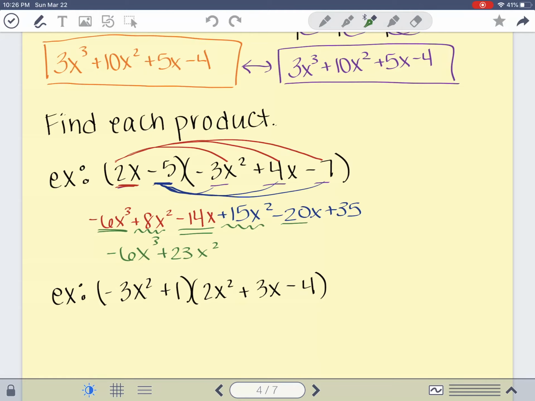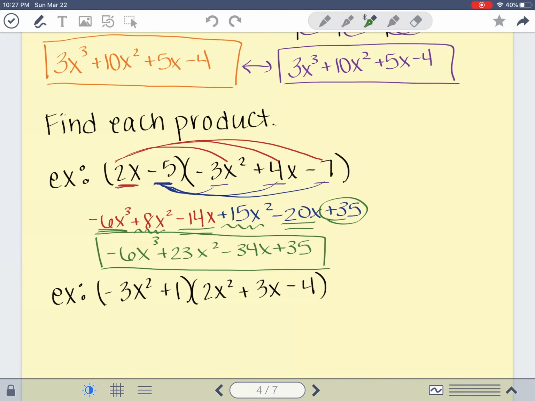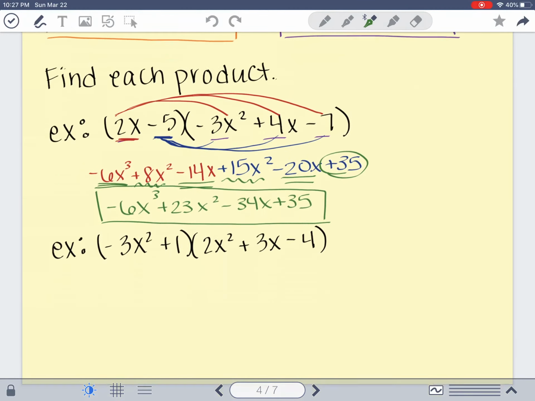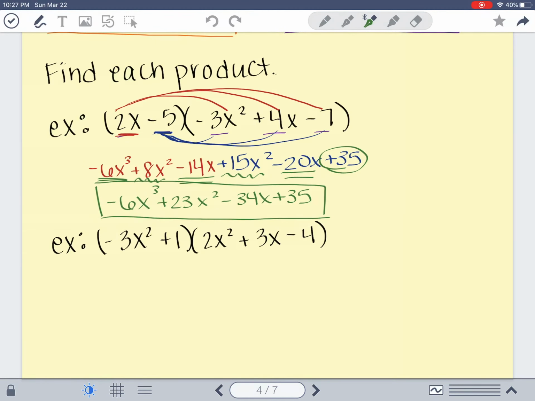I have negative 14x and a negative 20x, both are negative. So I've got a negative 34x. And then I bring along that constant of 35 because it has nothing else to combine with. So we end with negative 6x cubed plus 23x squared minus 34x plus 35. Yes, it's a mouthful, but it is correct.